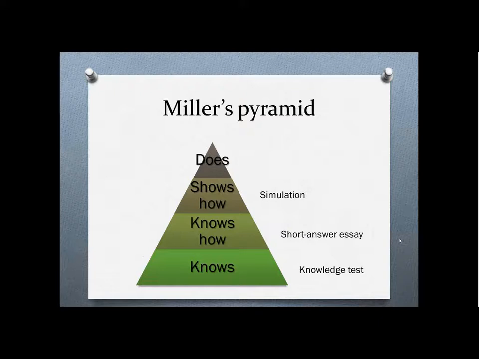It's not how they answer questions on a test, but what they will do. And then finally, does is in the realm of real-life clinical practice. So will residents, once they go back to the workplace, actually enact some of the principles of QI and patient safety that you taught? Miller's pyramid is really founded on increasing levels of authenticity.